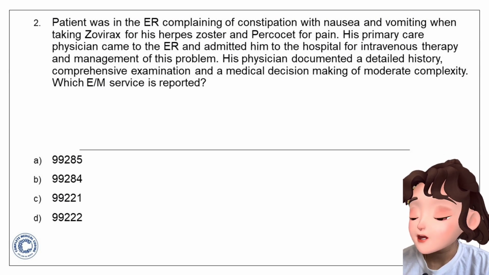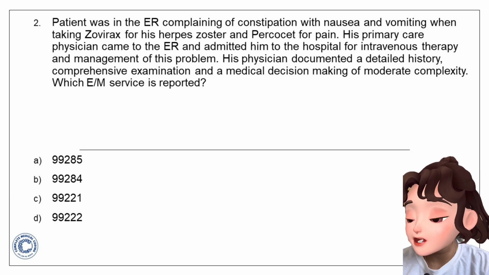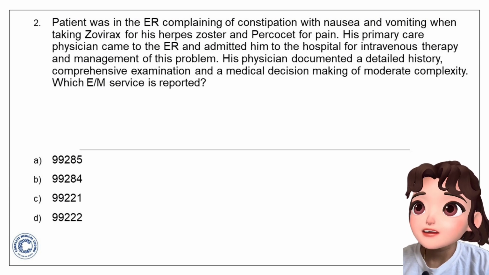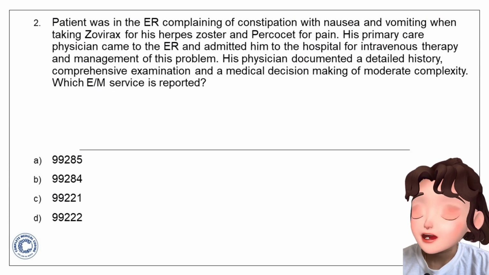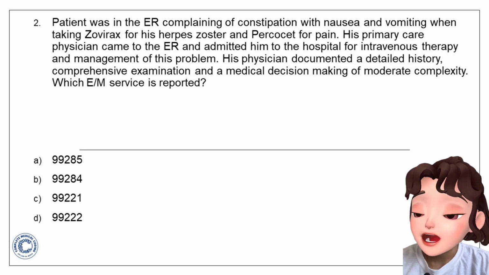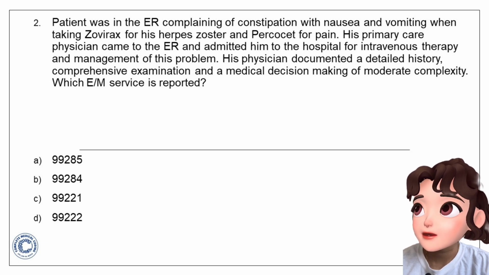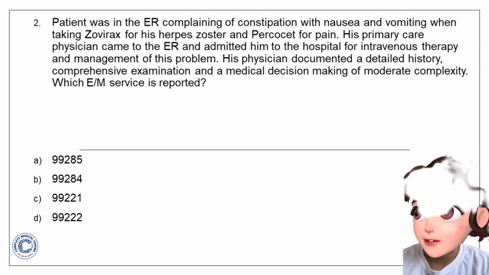And what about option D, the 99222 code? Typically 50 minutes are spent at the bedside and on the patient's hospital floor or unit. So here 50 minutes are spent. Even though the time is not mentioned in the question, how many minutes are spent by the physician, you can identify it from the second sentence. His PCP came to the ER and admitted him to the hospital for IV therapy and management of the problem.